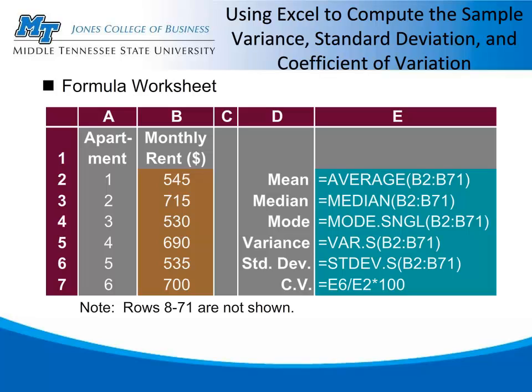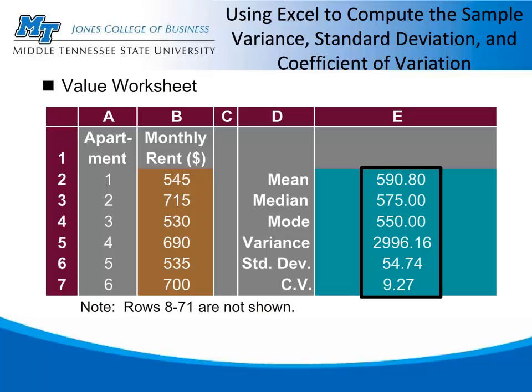You take the standard deviation, the number in E6, divide it by the number in E2 and multiply it times 100, and now you've got the percentage representation of the coefficient of variation. Anytime you do one of these formulas, you start it with the equal sign. If you don't put the equal sign in there, Excel just treats it like a character string. But the equal sign means it's going to try to do a calculation.